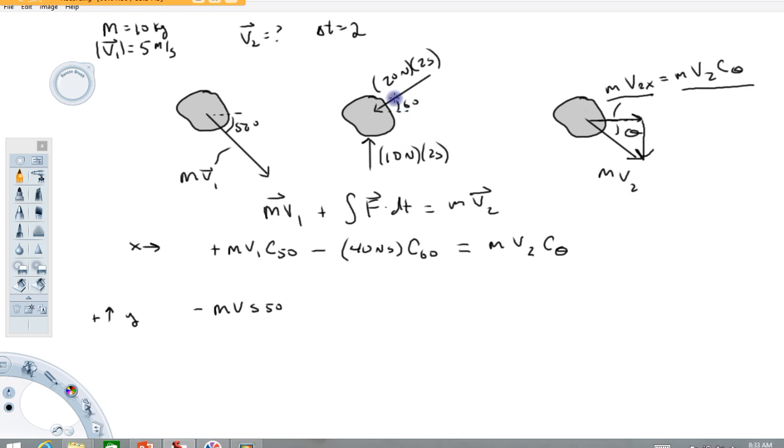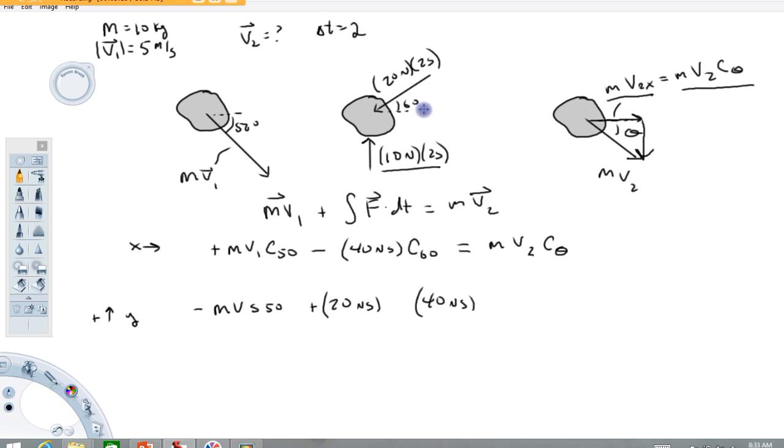Now we're going to take a look at our impulses. We're going to have a positive 20 Newton seconds for this, no sines or cosines required because it points straight up. The y component of this vector, the hypotenuse is 40 Newton seconds, coming from the product of these two.